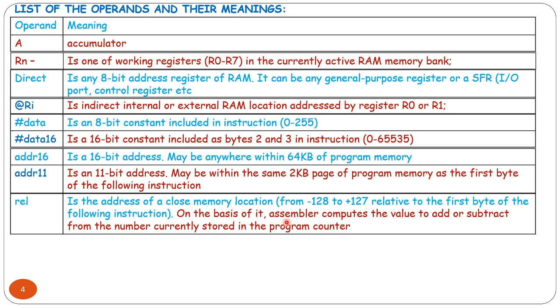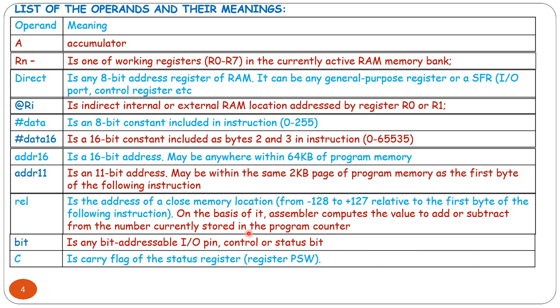On the basis of it, the assembler computes the value to add or subtract from the number currently stored in the program counter. Bit is the bit addressable input output pins or control or status bit. So bit means single bit.